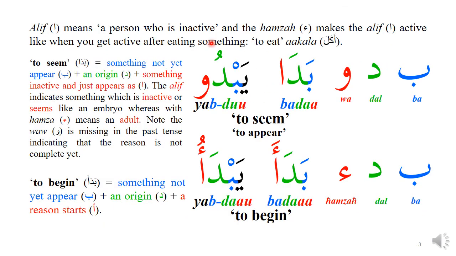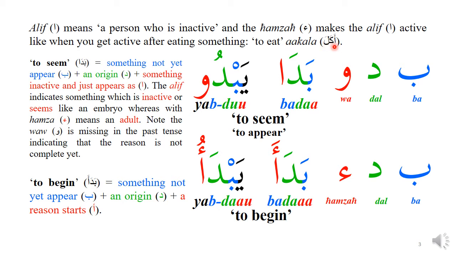Now the alif means a person who is inactive, and the hamza makes it active, and this meaning you will encounter. So let me begin with this meaning. It looks like the alif needs a hamza, or something like food or a fuel. To eat means akala, right?